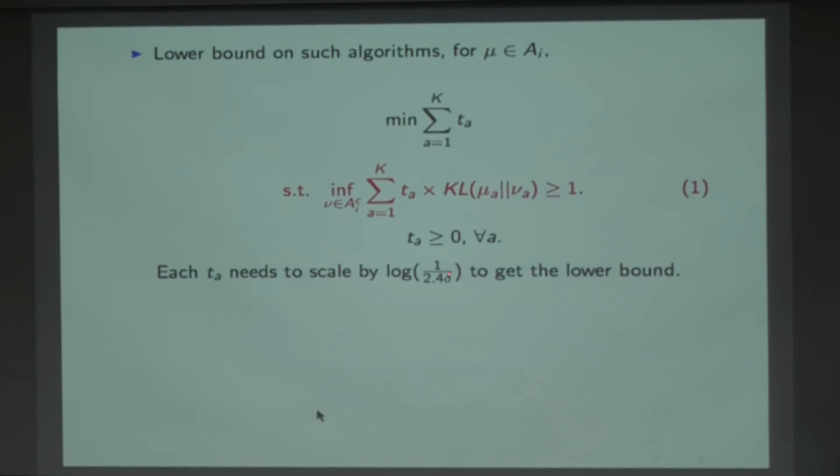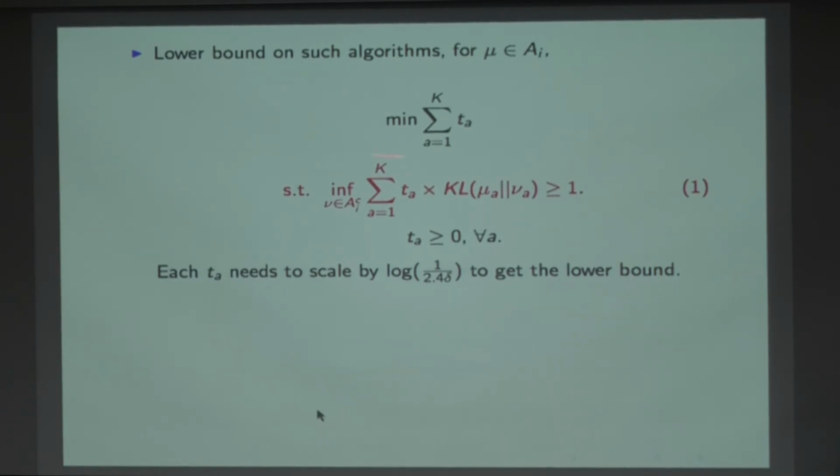Log 1 upon 2.4 delta I've just replaced by 1. I just normalize everything by that. I'll bring that up later. No need to worry about that. So the sum of t_a times the Kullback-Leibler between mu_a and nu_a should be greater than or equal to 1. And this should be true for every nu in my alternative hypothesis, the complement of the set. Right? I have to compare with each and every one of them.